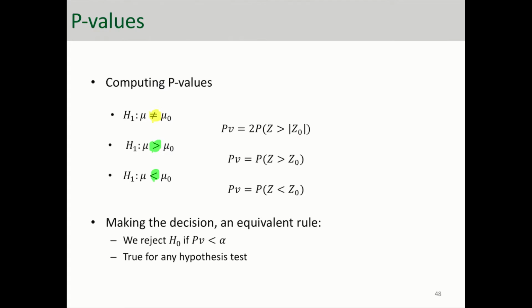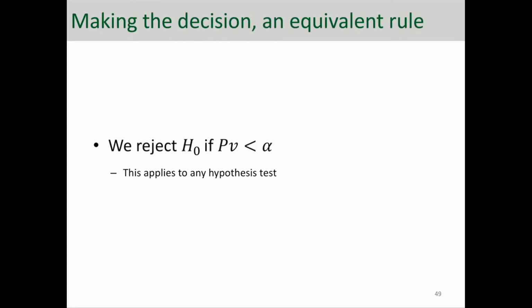So once we calculate these p-values for any test, whether two-sided or one-sided, what do we do with that? We can make the decision using the p-value. We reject the null hypothesis if the p-value is less than alpha. Alpha is something that you decide for your test. It's the level of significance of your test.